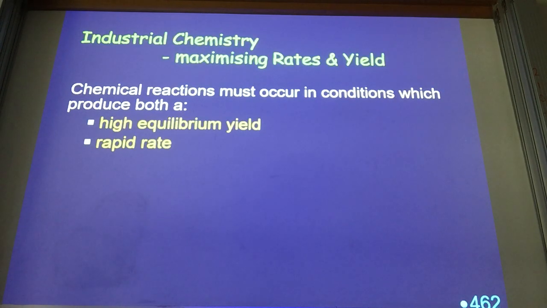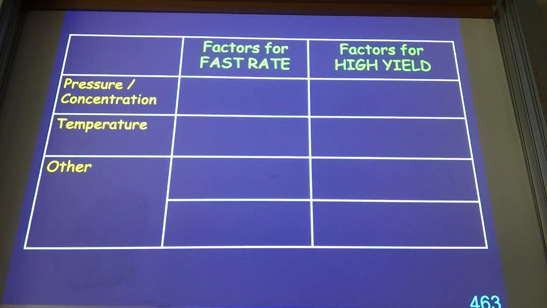Now, as I've said a couple of times through this, a very important part of the physical chemistry we're doing now is its application in industrial chemistry, maximising rates and yield. So you get a lot of chemical, i.e. a high yield, and you get it quickly, i.e. a rapid rate. Both of those are very important. Sometimes it's a little bit easier said than done.